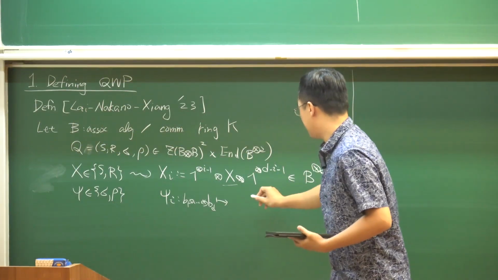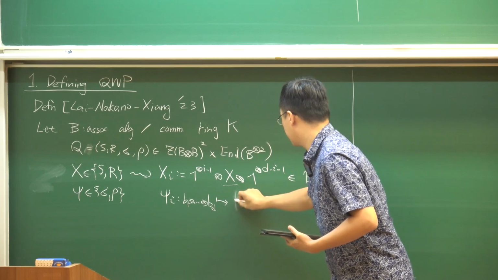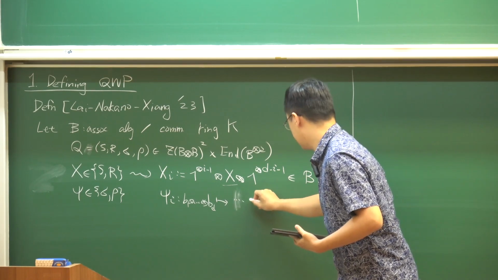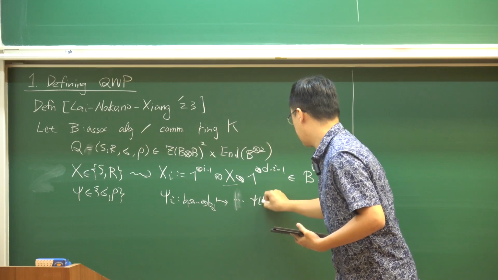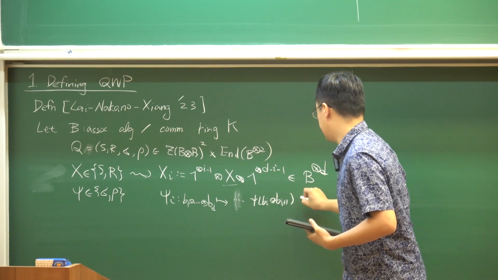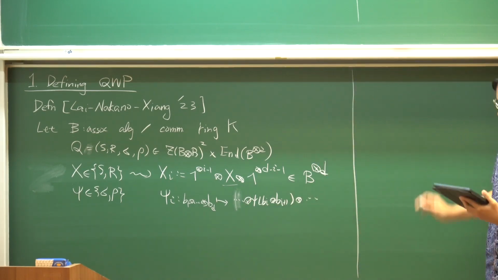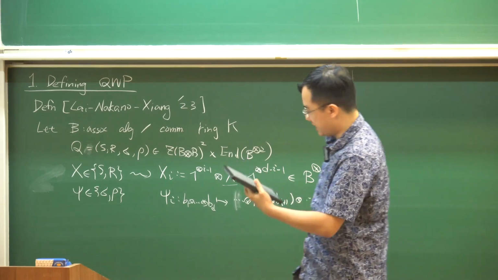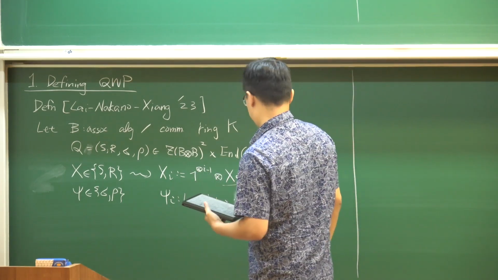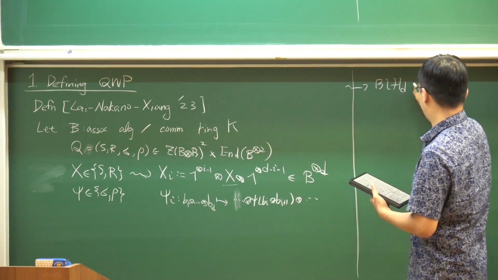Okay, so now you just apply those phi on the I and I plus 1 factors, and the rest are the same. And then I can precisely give you the relations.